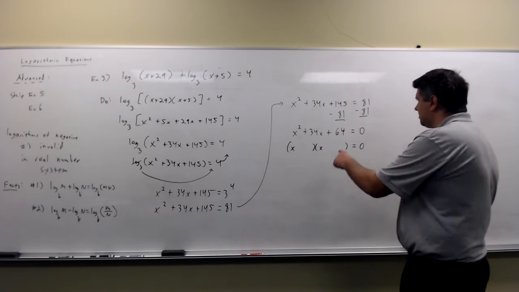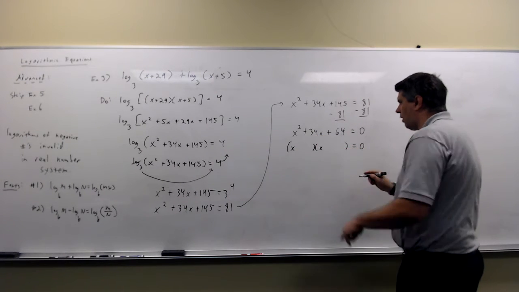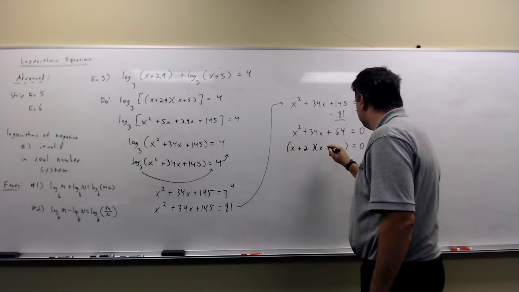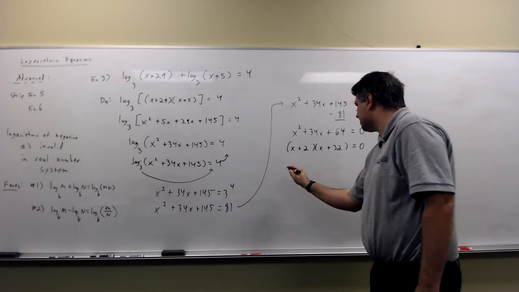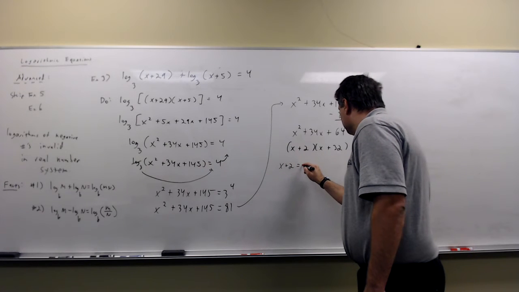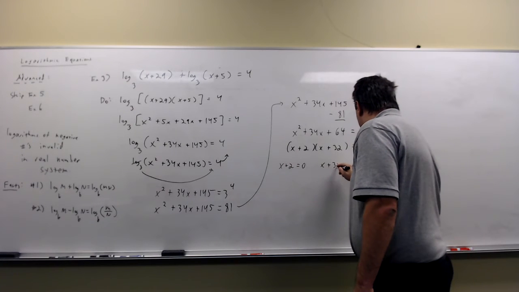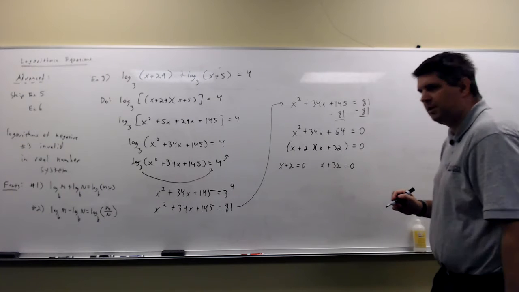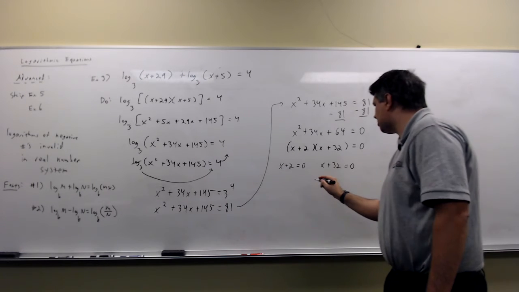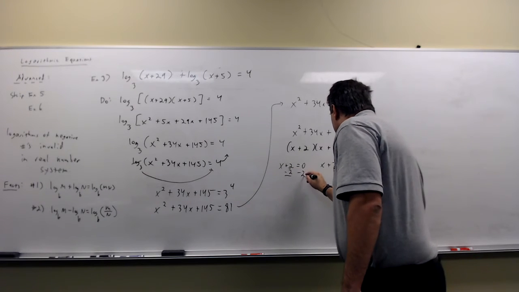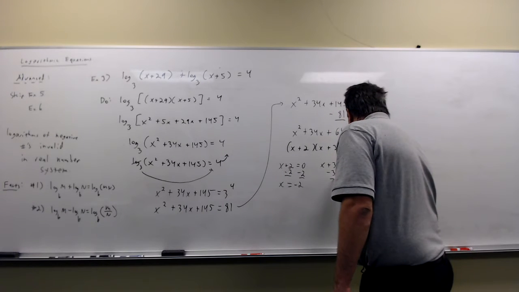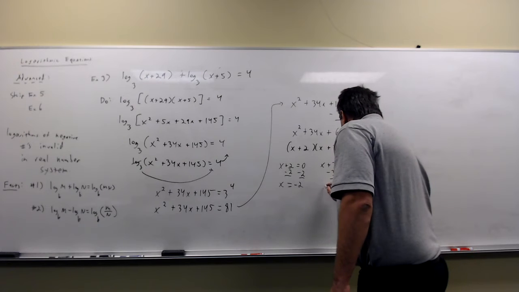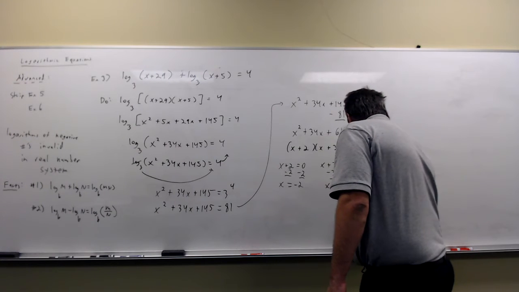The pair of factors of 64 that add to 34 are 2 and 32. So I have x plus 2 equals 0 and x plus 32 equals 0. Subtract 2, x equals negative 2. Subtract 32, and x equals negative 32.